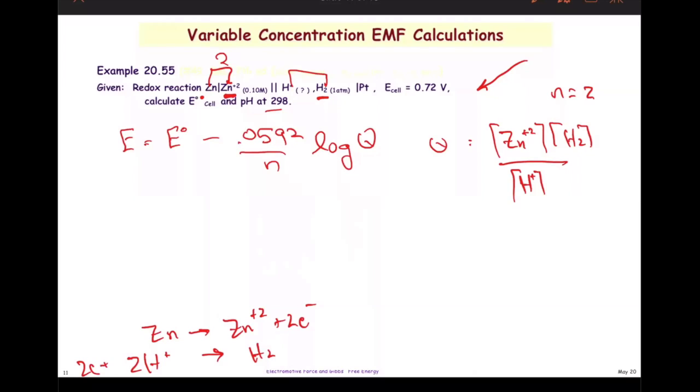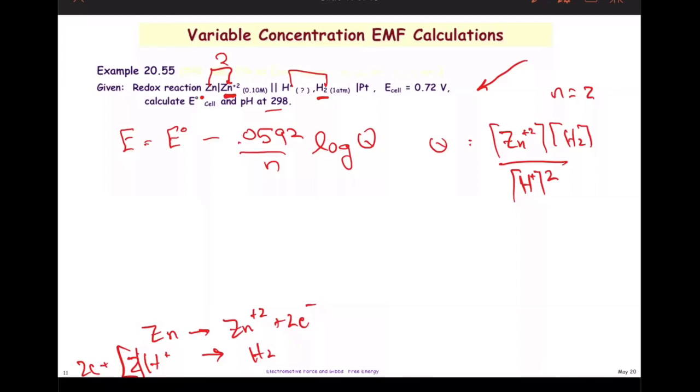So this needs to be squared, okay? This needs to be squared because you need 2 hydrogens. If you're just going off the line notation and you forget the chemistry, you're going to forget that squared right there. And then you're going to be thrown off. You've got to make sure that you get the chemistry right if you're going to do this problem.